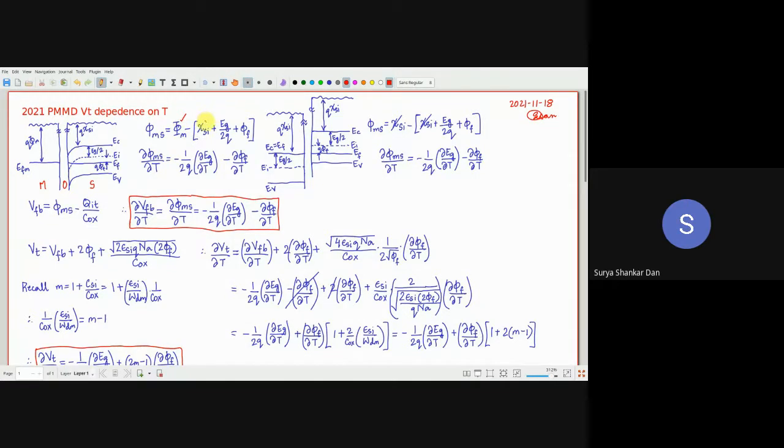Xi silicon is again a material constant depending on the silicon used. But we know that the band gap, Eg, is a strong function of temperature. So if I take del phi ms by del T, we will get this differential and the phi f variation with temperature as well.